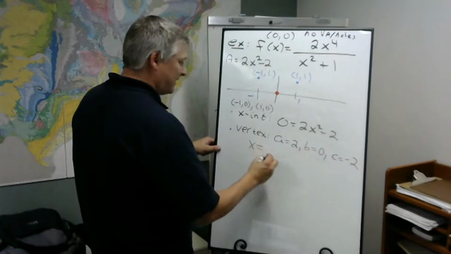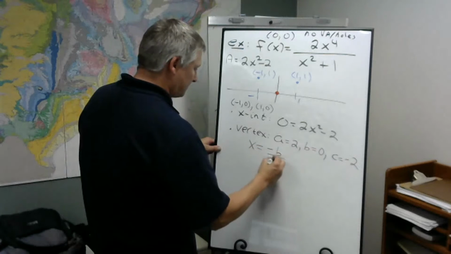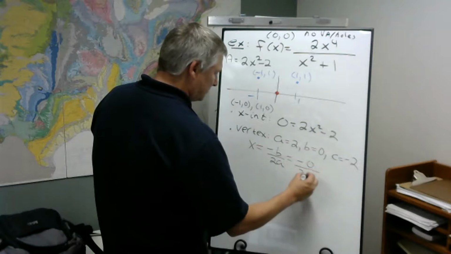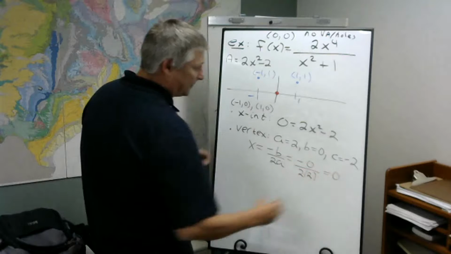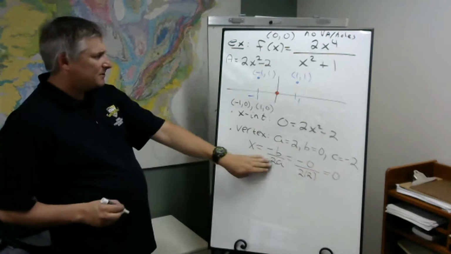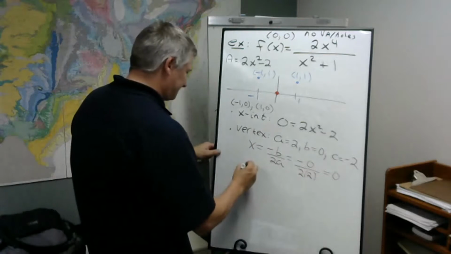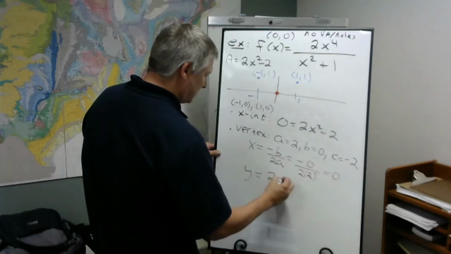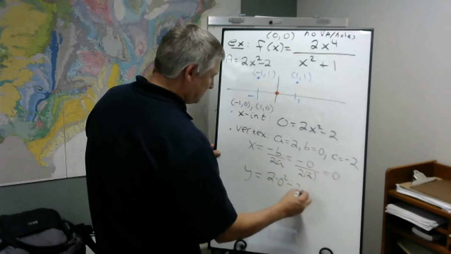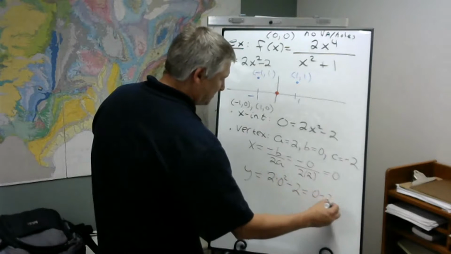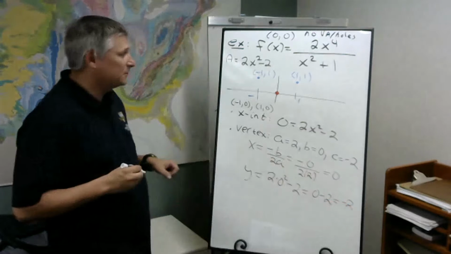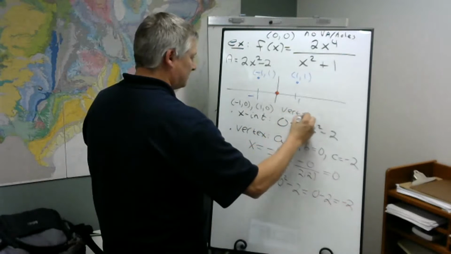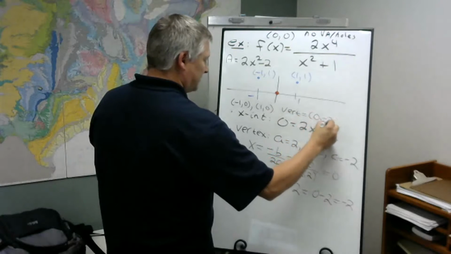That's our x value. So -0 over 2 times 2. Well, that's just going to be 0. And then we plug this back into our formula. That'll give us y. So we get 2 times 0 squared minus 2, which is 0 minus 2, or -2. So for this, we get a vertex at 0, -2.